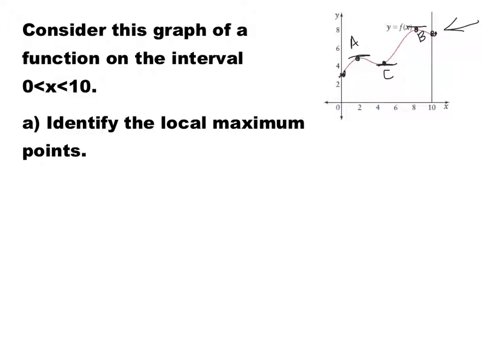If we call this point D and this point E, you can see that the absolute maximum here is point B, because it has the highest y value, which is equal to 8 approximately, and the absolute minimum is point D, which is something like 3. That's the absolute minimum of the function.